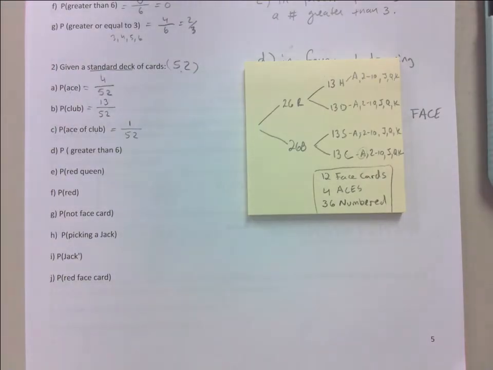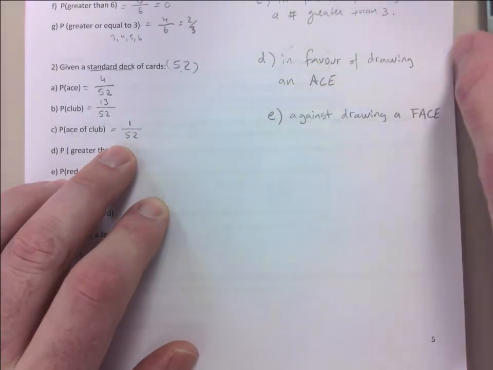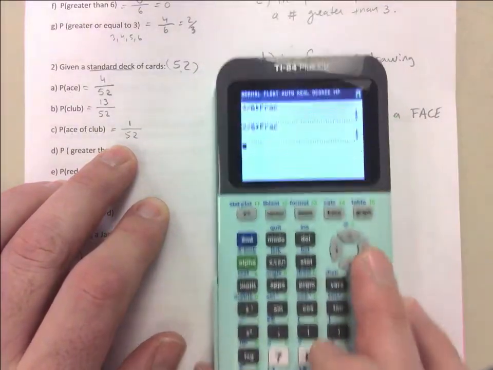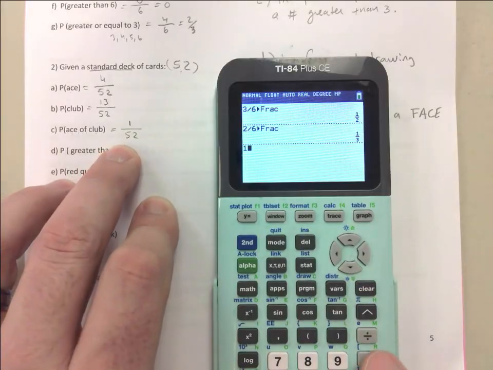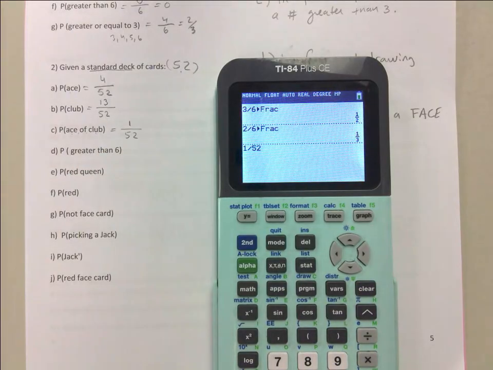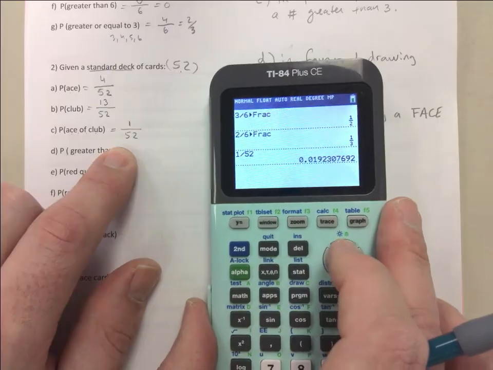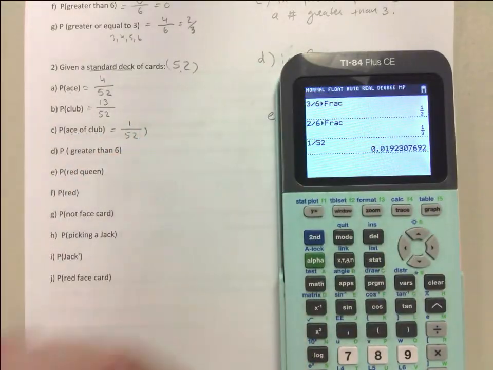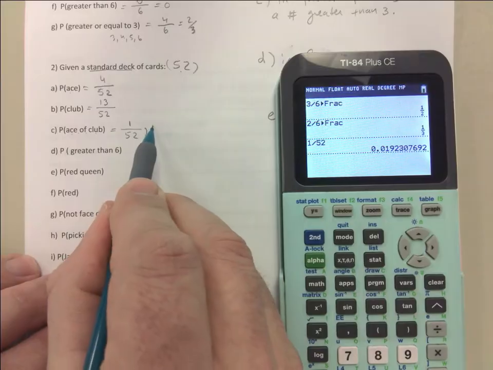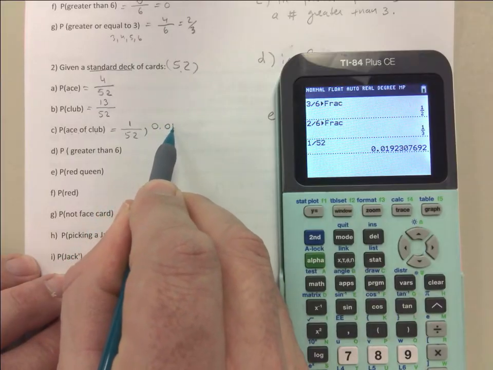I will do the decimals and the percentages for these ones because they're small. Watch this, please. What I tend to do to get past the whole rounding issue is I go 1 divided by 52, I go comma, don't go equals, 0.0192.